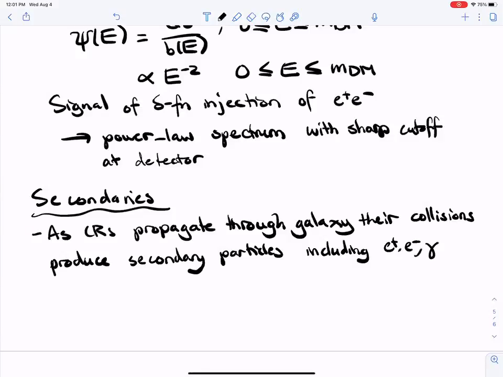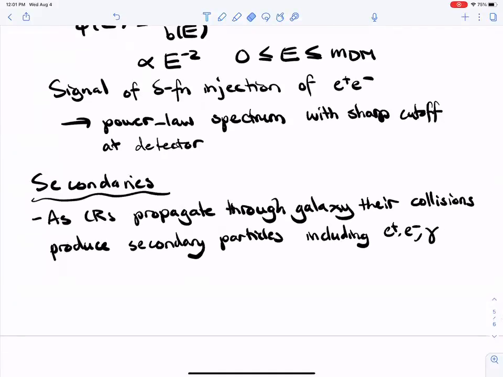In the numerical codes that I've been discussing, what this means is that you have additional differential equations for these secondaries, and you have coupled differential equations, so that the terms describing losses of the original primary particles to these collisions translate into source terms for the production of the secondary particles.